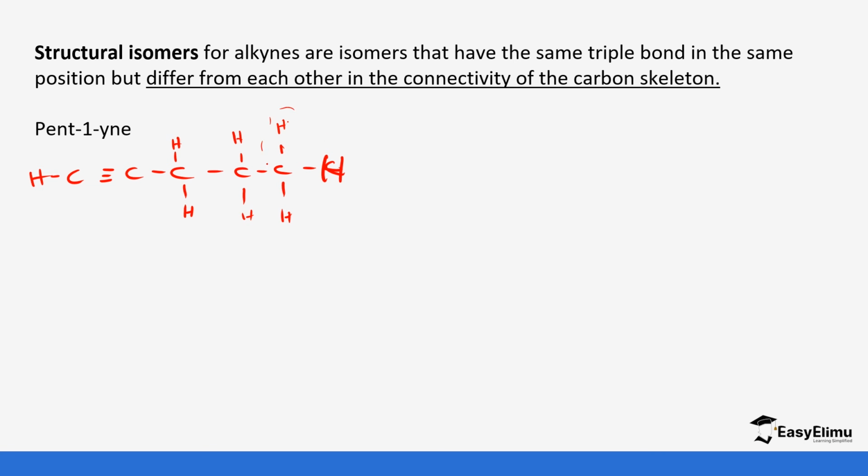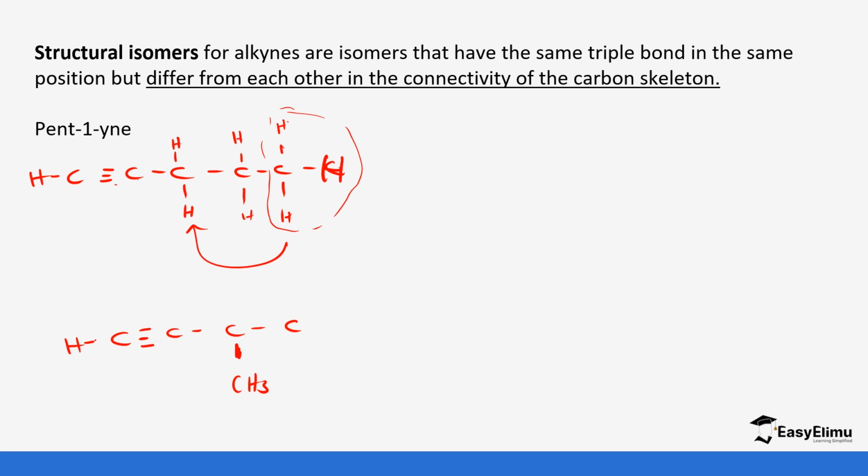So we can move this CH3 at the end to this carbon. Remember, we can't move it to this carbon because it's already full, it has 4 bonds. So we can only move it here. So it turns to be 4 carbon atoms. And then remember, we have moved it here. So CH3, and then the triple bond is in the first carbon.